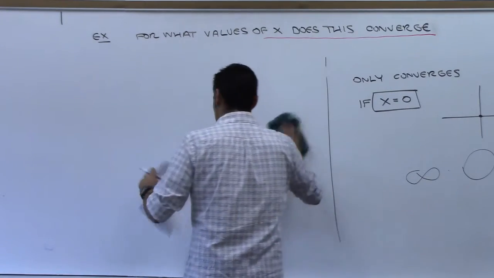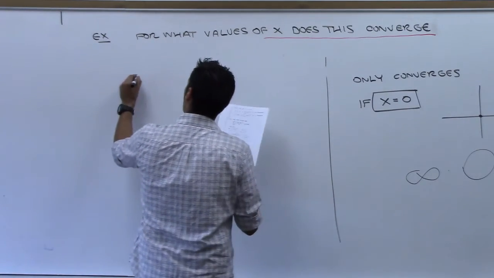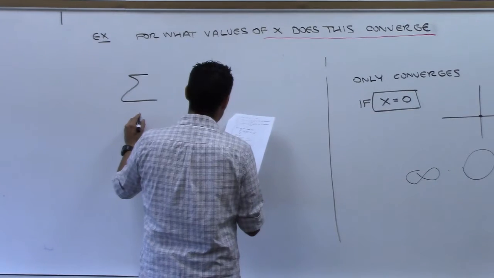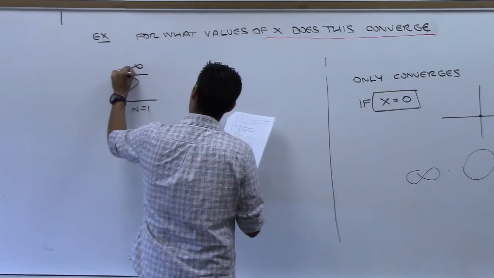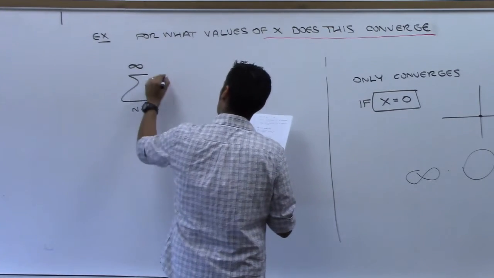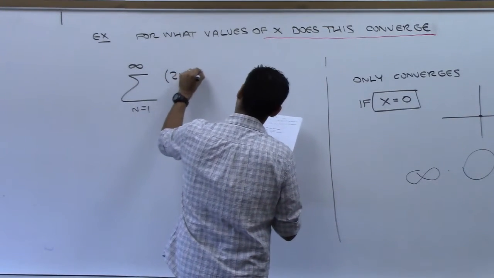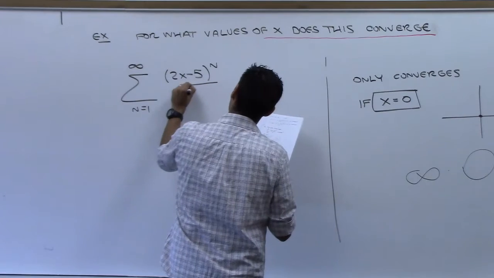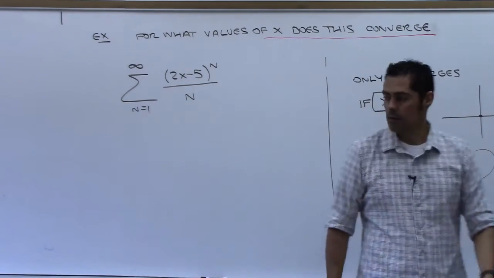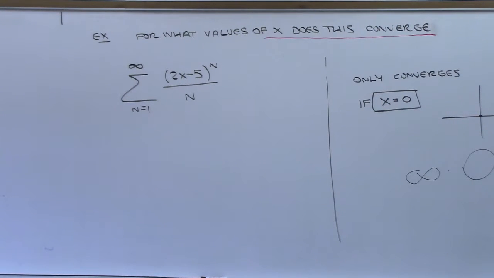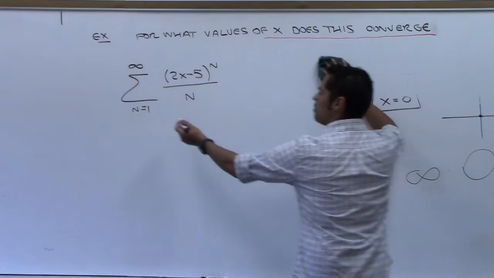So next question, for what values of x does this converge? Now notice I started at n equals 1.